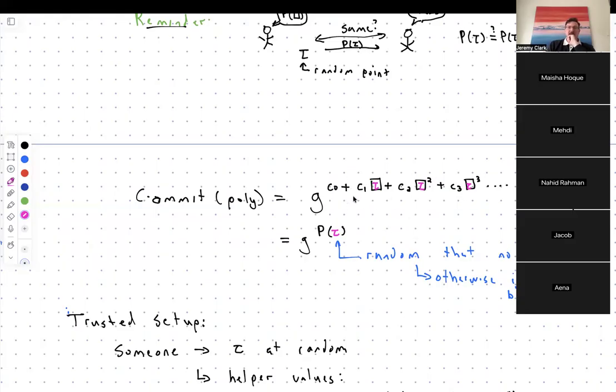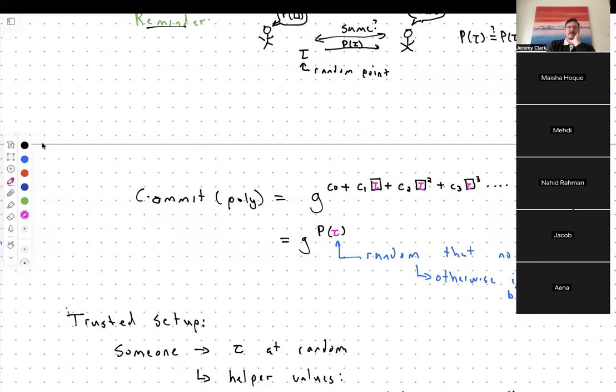Why is that the case? Well, let's say I want to break the binding property and open this commitment. I commit to polynomial A and I want to open that commitment to polynomial B. The only way they'll produce the same commitment is if they produce the same value at tau.